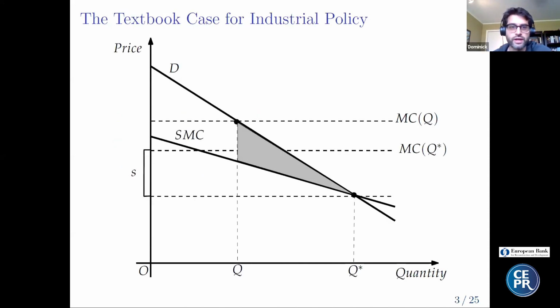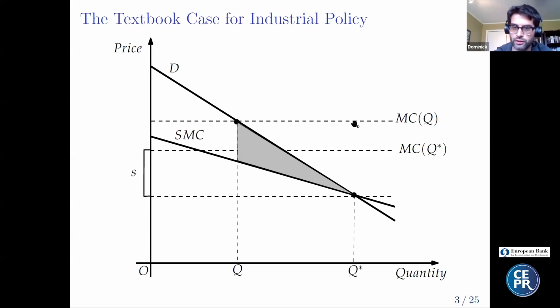So what is this textbook case for industrial policy? At least as we understand it, it goes something like this. Here we have a graphical representation of an industry. We've got this demand curve D sloping downward. And we've got here the privately perceived marginal cost.